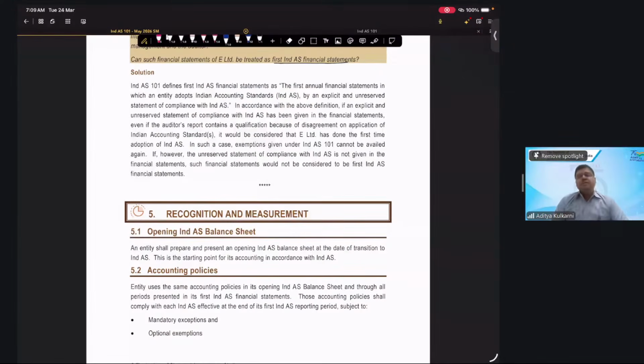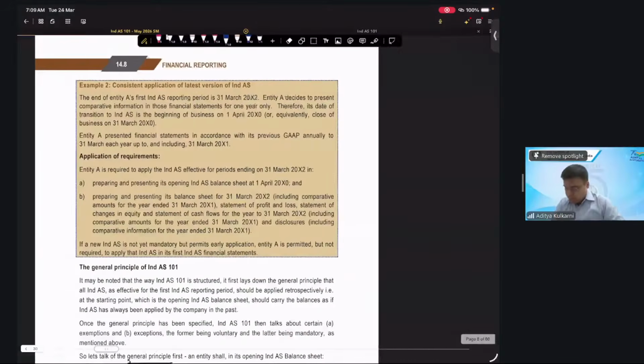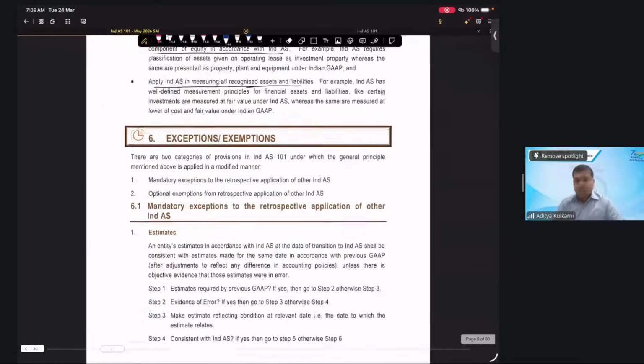Then the third one is reclassify. Reclassify means you reclassify under the appropriate head of the Ind AS. And finally, apply the measurement principles for all assets and liabilities. Are we okay with this? It is a four-step process. Okay? Yes?